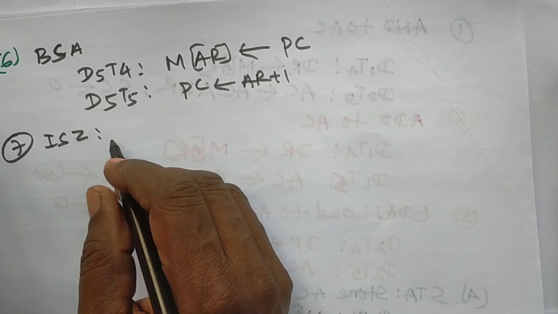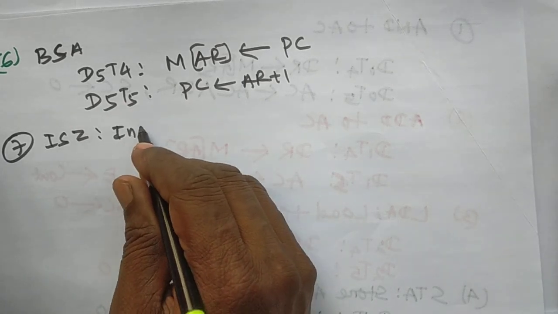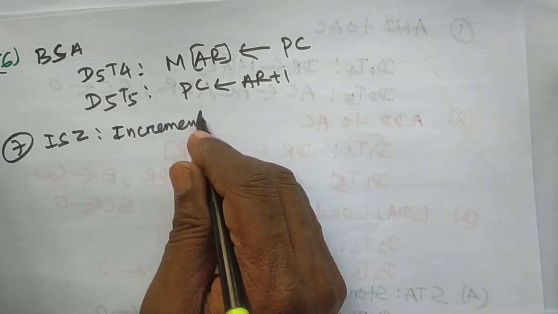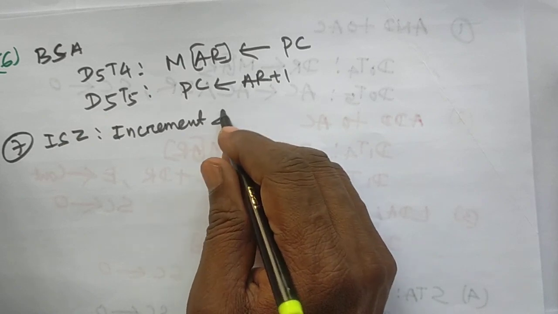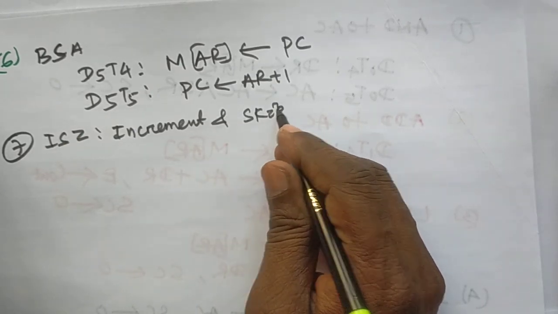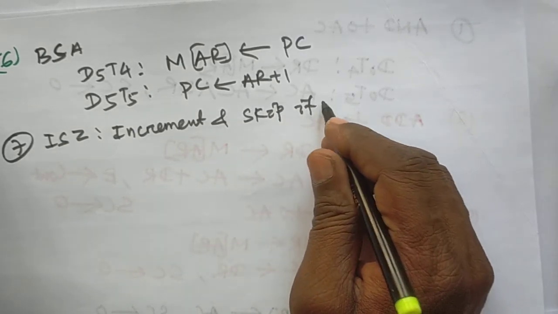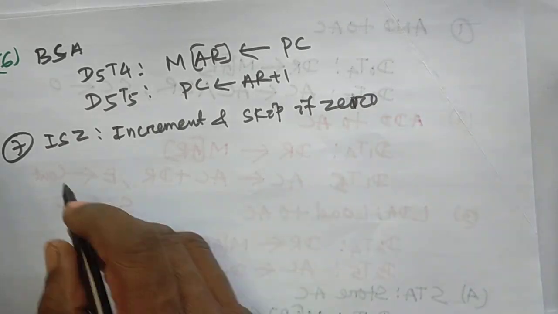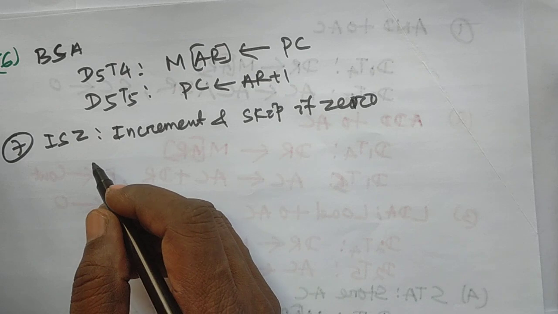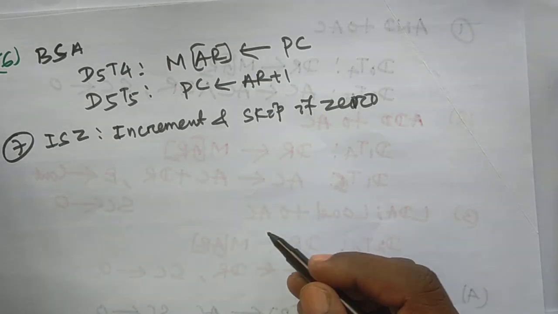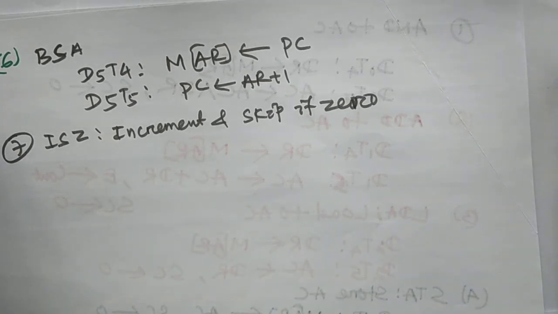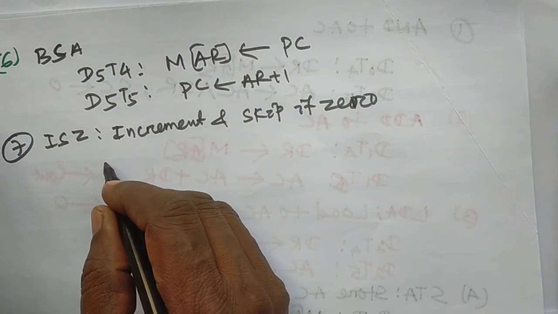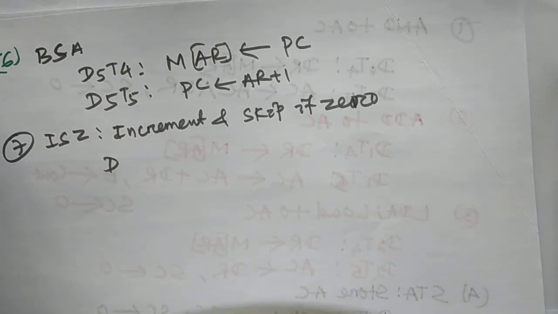Next is ISZ, that is increment and skip if 0, meaning increment and skip if it is 0. In this case it is a very lengthy process.